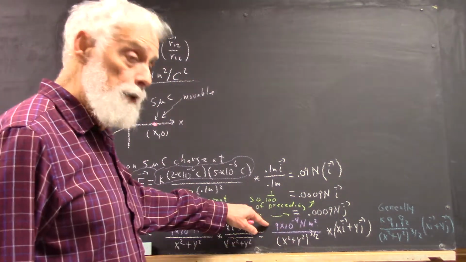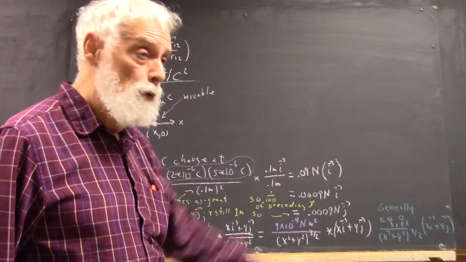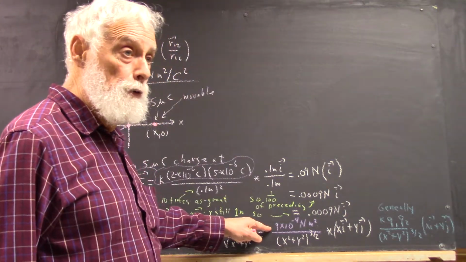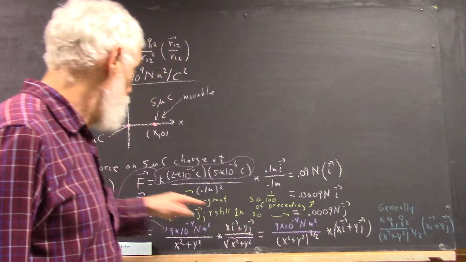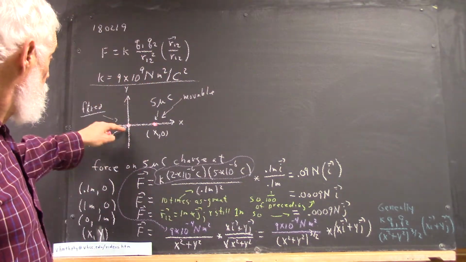Same expression I had here, except that now if I have different Q1 and Q2, I won't be able to use the specific value of K Q1 Q2 that we get for these two charges.